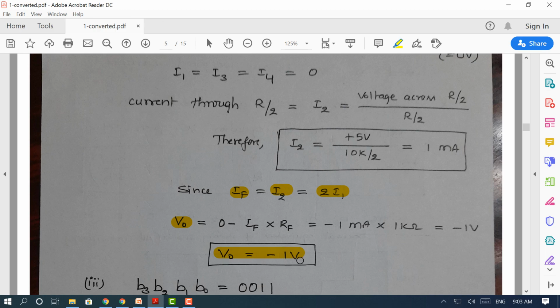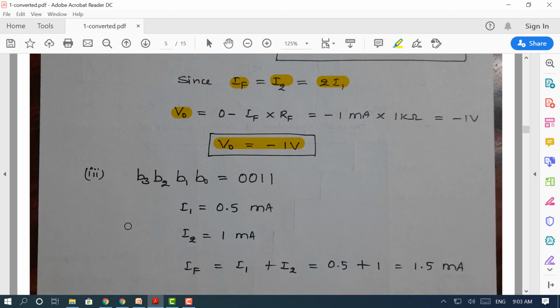It has doubled. Now consider the output voltage for the combination 0, 0, 1, 1. The currents flowing in the previous two cases can be summed up. I1 in the first case is 0.5 milliampere, and I2 is 1 milliampere.